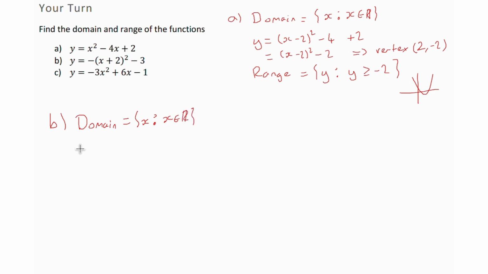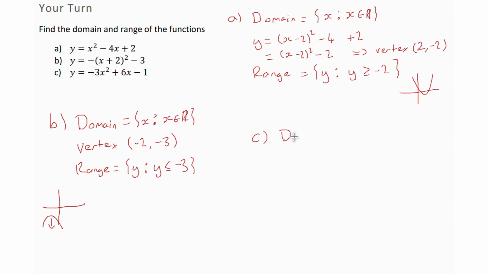It's already in completed square form, in vertex form, so we know the vertex is at (-2, -3), which means the range is going to be all values of y, such that, now this time it is a downwards facing, a concave down quadratic, going through something like this. So it's going to be all values below that y value, so it's y is less than or equal to negative 3.